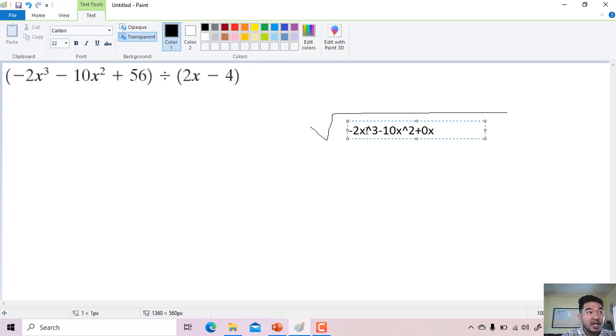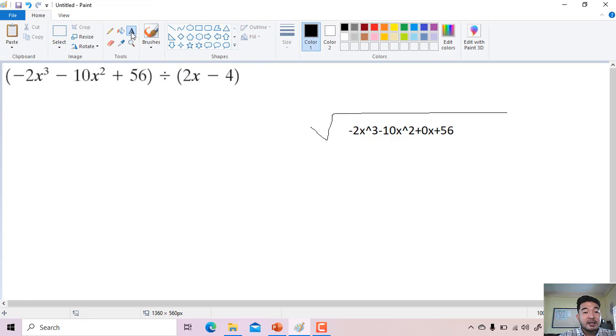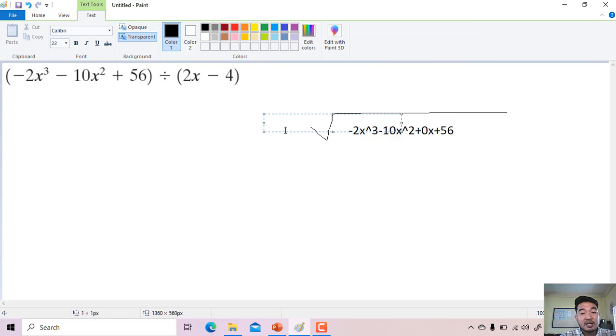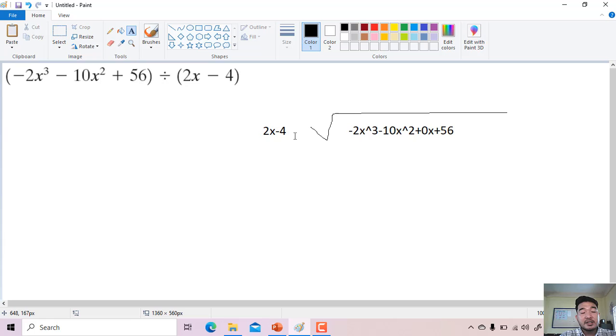Kailangan may plus 0x yan para di tayo mamali, ano? Plus 56. And then we divide it by 2x minus 4. So 2x minus 4. There you go. So the first step, once again, is to divide.